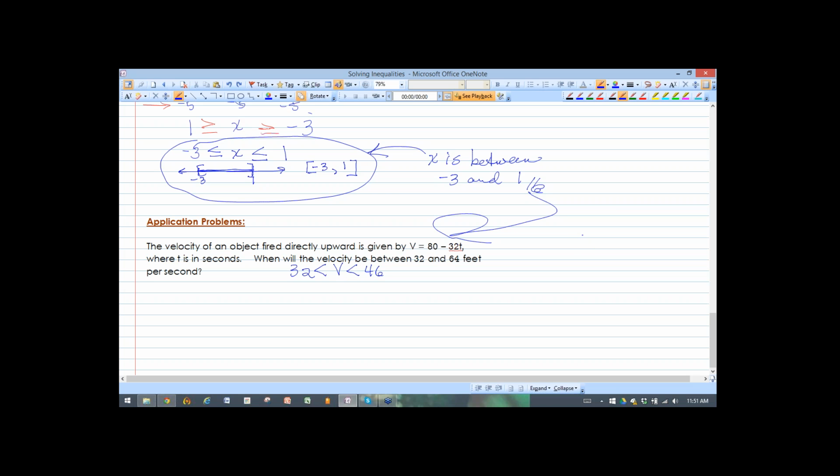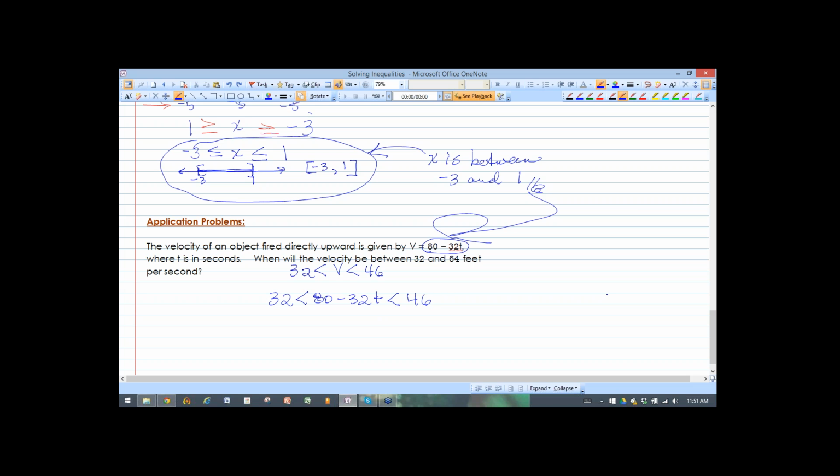Instead of the v, I'm going to substitute in the statement for v, 80 minus 32t. So let's write that, and that will be what we need to solve. Okay, 80 minus 32t, and then 64. So there are key phrases for each inequality, okay? And for intervals like this, it's the between or in the middle of, okay?